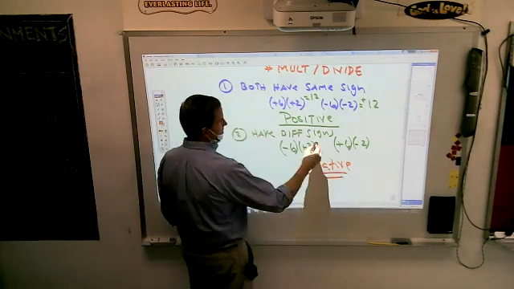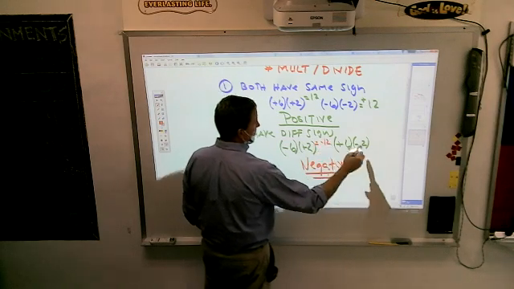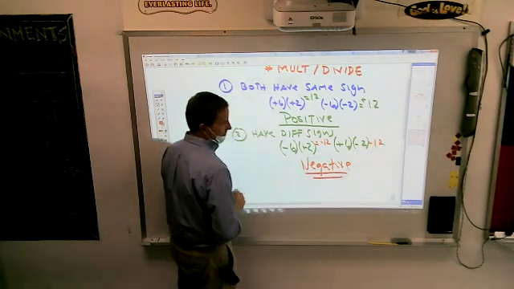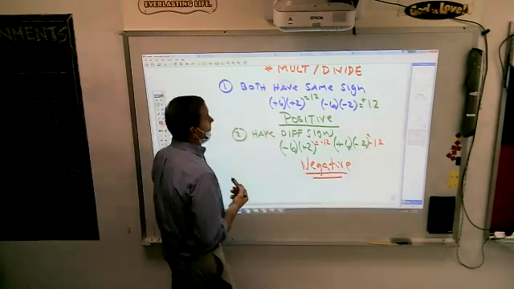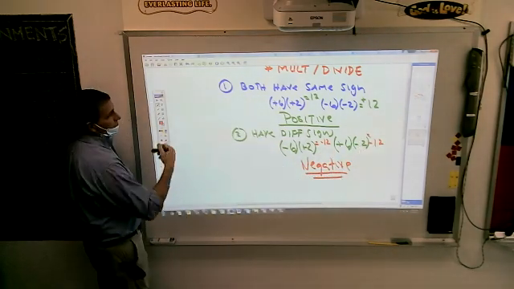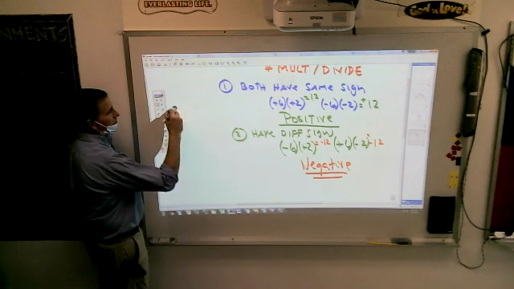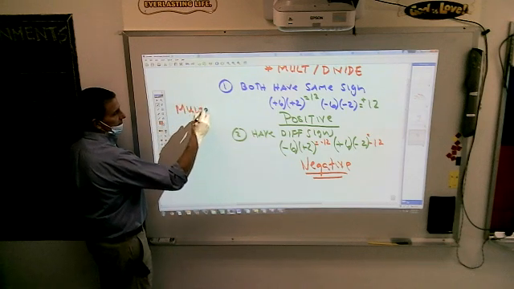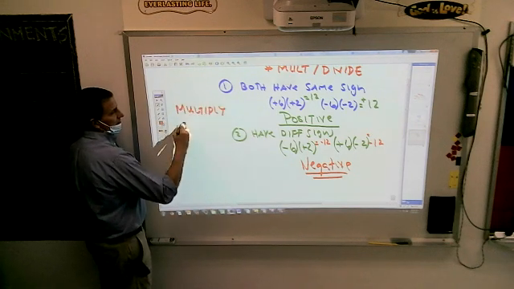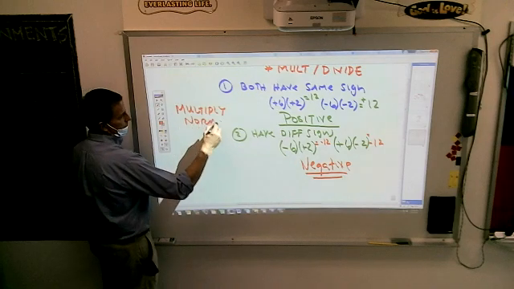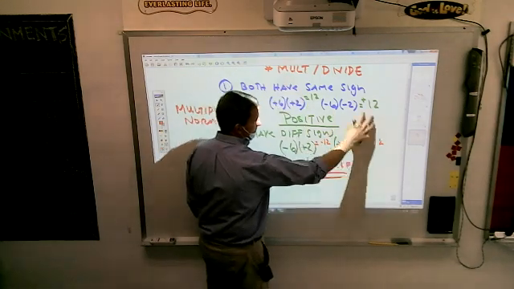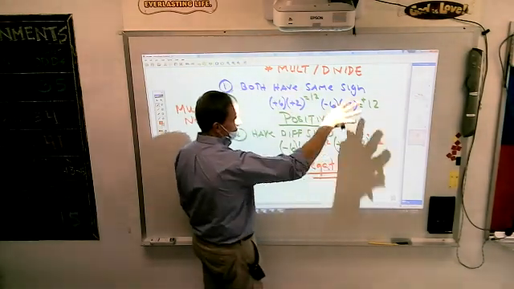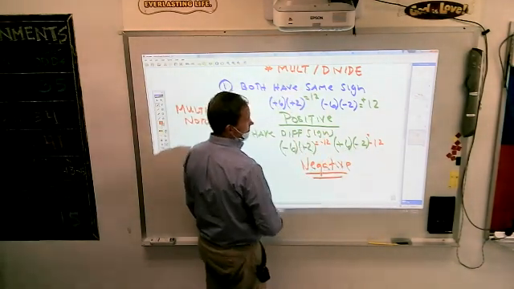In both cases, my answer is a negative 12. And the beauty of this is, step one is you just multiply like normal. 6 times 2, you're always going to get 12, because I'm always multiplying 6 times 2, so that doesn't change. It's just whether it's positive or negative.